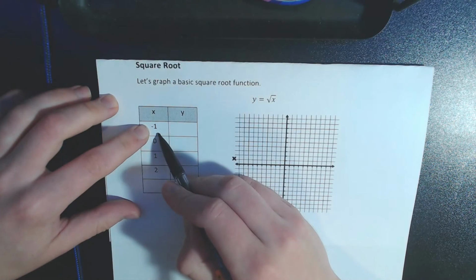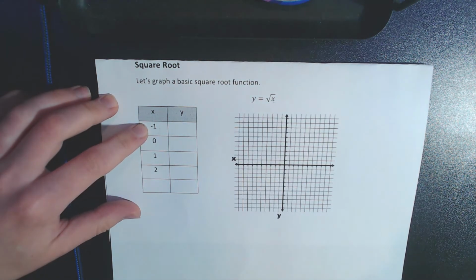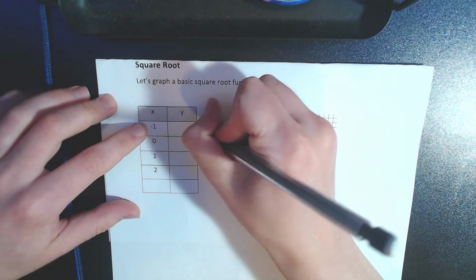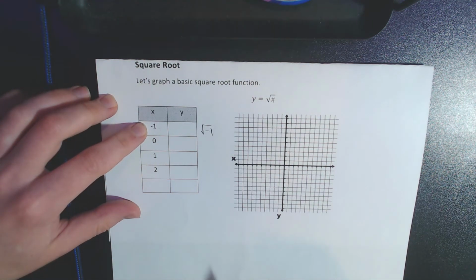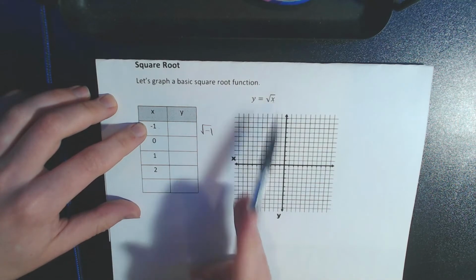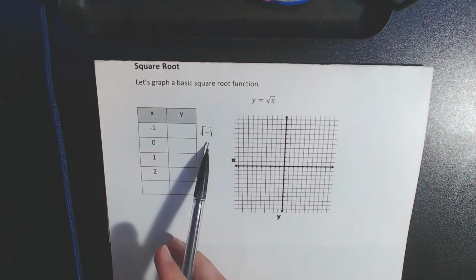Okay, let's go ahead and start with plugging in -1 for x, right? What do we do with this to find the y? We plug it into the equation, right? So it's the square root of -1 is what we're doing here. We're just plugging in -1 for x. Now, I started us off with a little bit of a tricky one, okay?